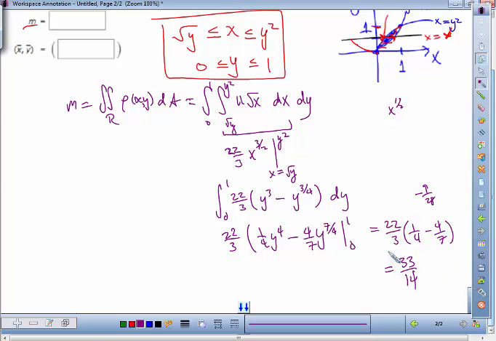Negative. Oh. I don't know if we should have a negative density or mass. All right, find my mistake.